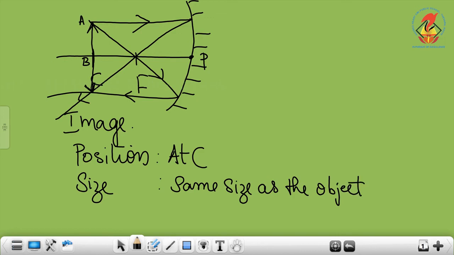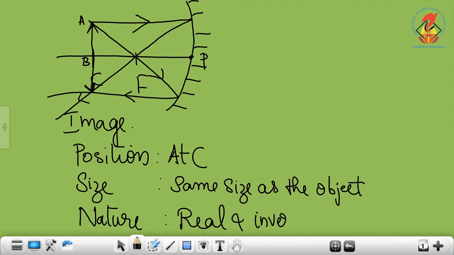Same size as the object. Nature of the image: it is real and inverted. We will name the image as A dash, B dash.